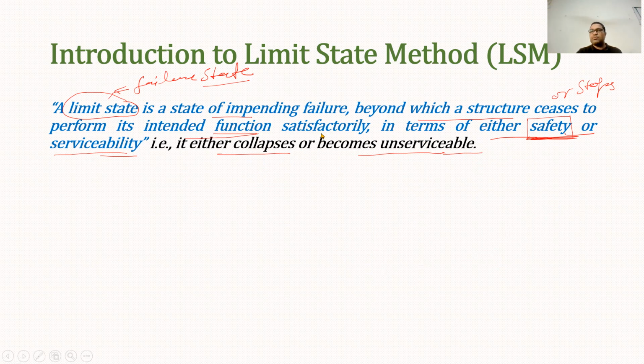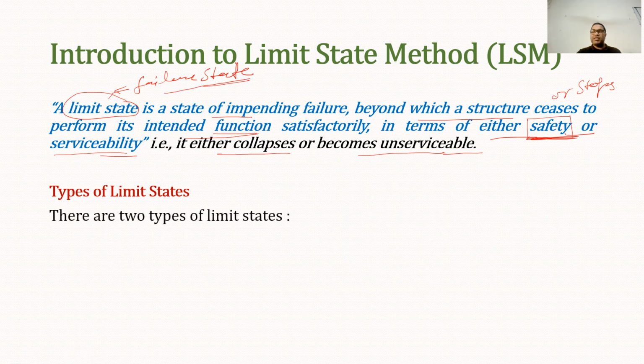That is the basic concept of the limit state method. Now, based on this failure state, we will try to understand the various types of limit state, or failure state. These are the states in which a structure can be considered as failed. Basically, there are two types of failure state which we will be considering.